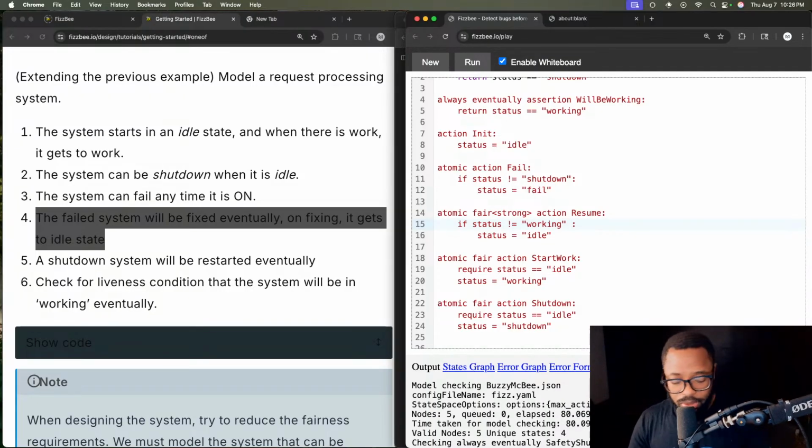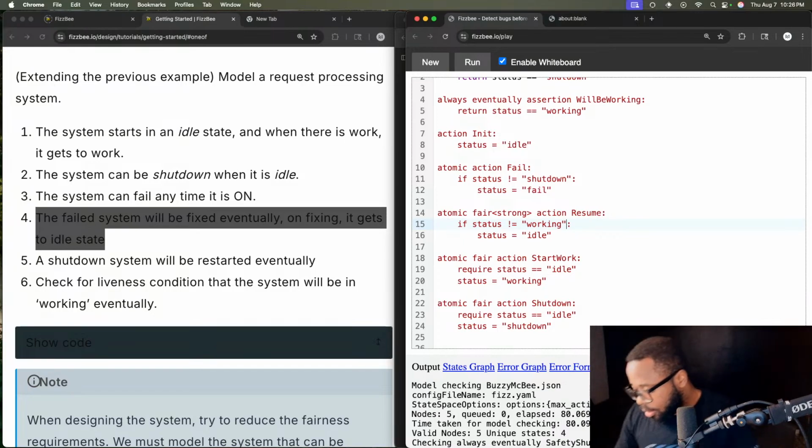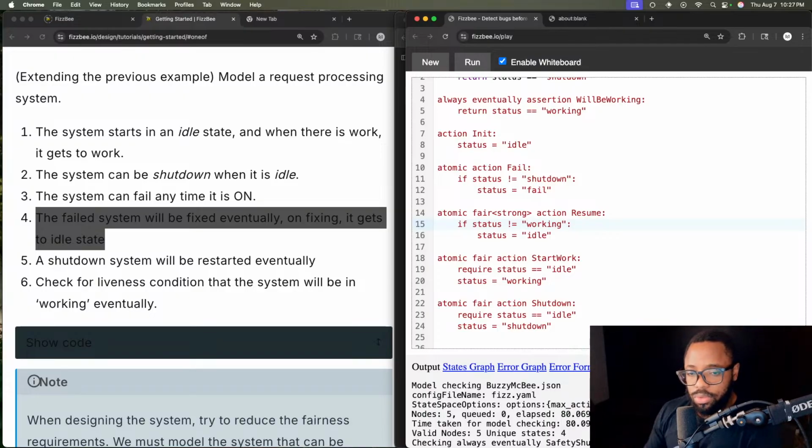It can just go back to idle. So if the system chooses not to get stuck at working, right? And it switches between working and not working, whatever, then eventually it needs to go to idle.